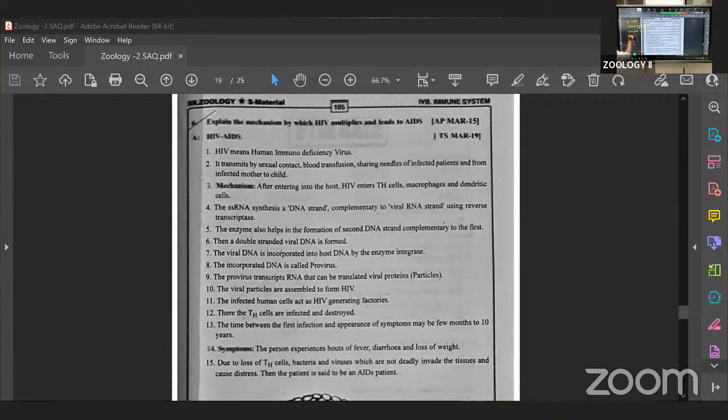Then cytotoxic or cellular immunity. These four we already discussed.